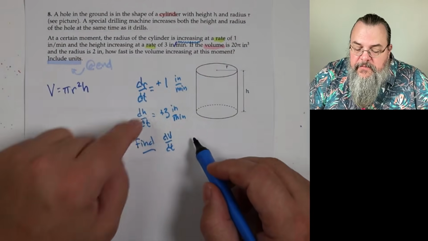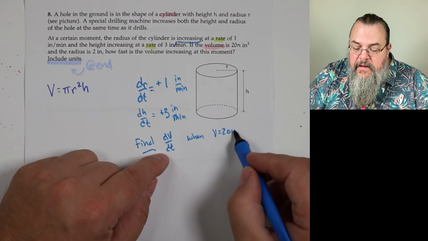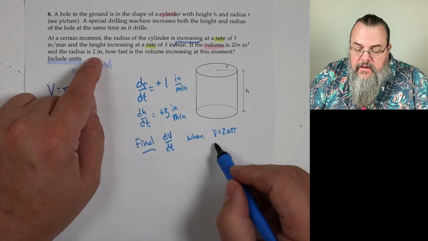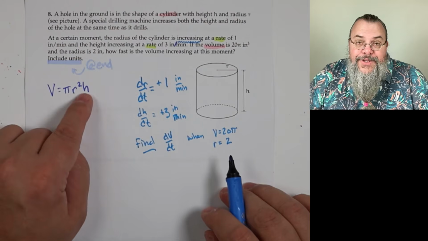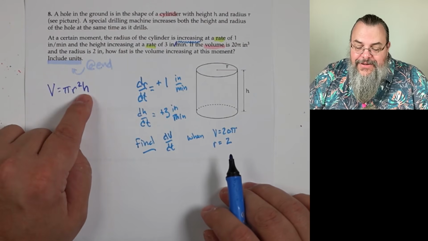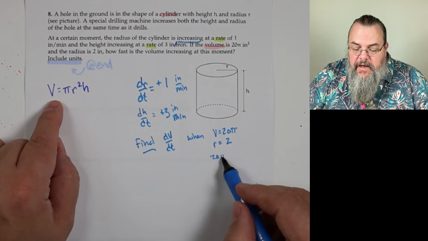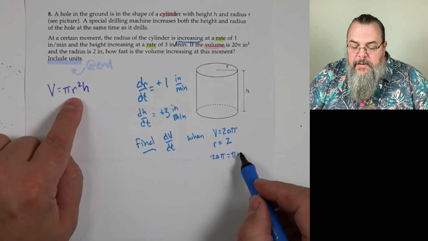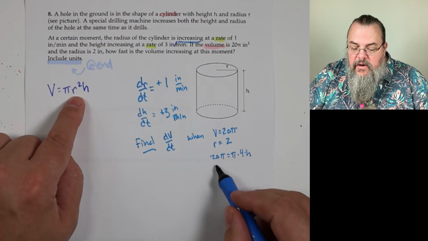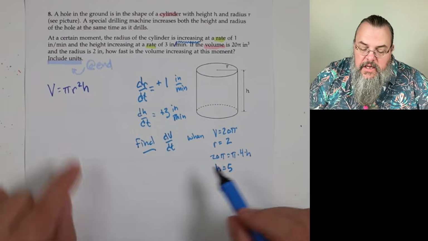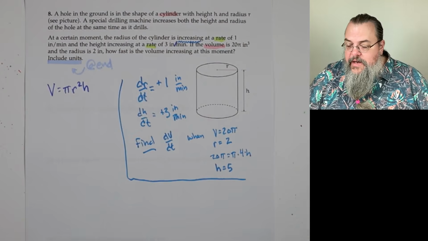We have volume, find dv dt, when volume is 20 pi and r is 2. Now, they didn't tell us h. Can we figure h out? Well, we can do it, right? Because we have a formula for that. So 20 pi is pi times 2 squared, which is 4, times h. So if you divide, you say, oh, h is 5. Do we need that? I don't know. But maybe. So it doesn't hurt to write it down.